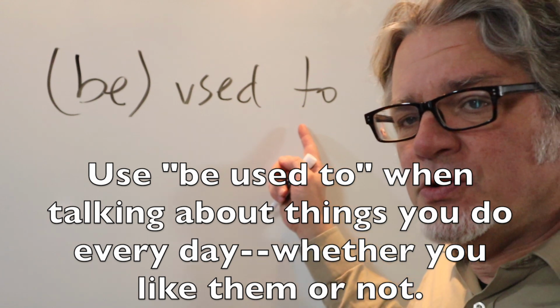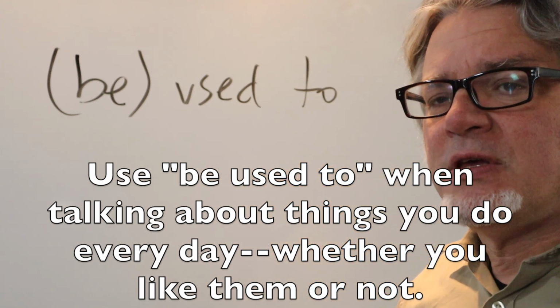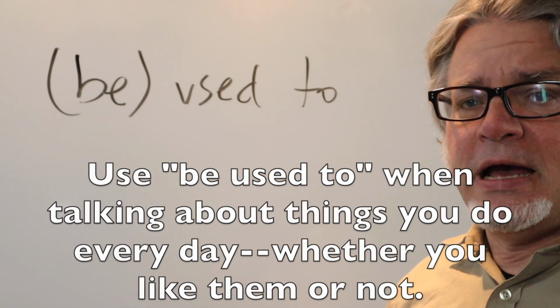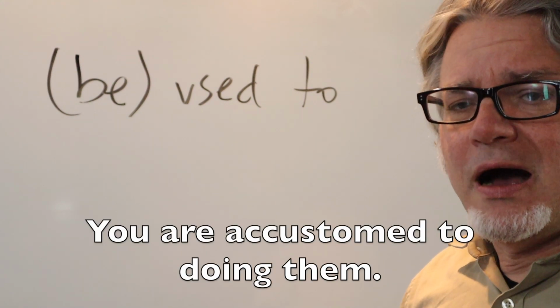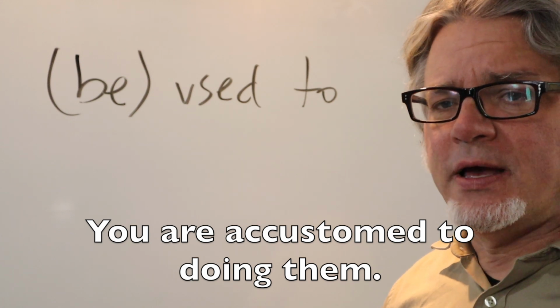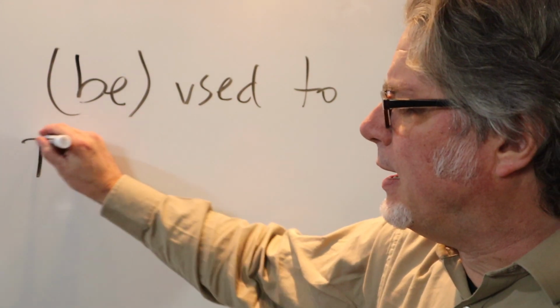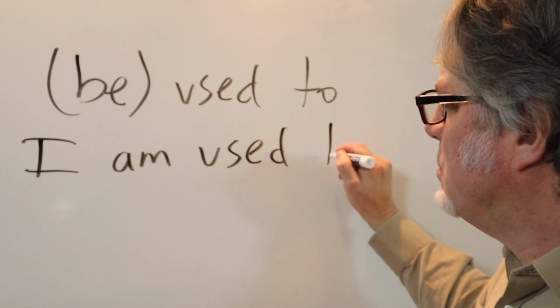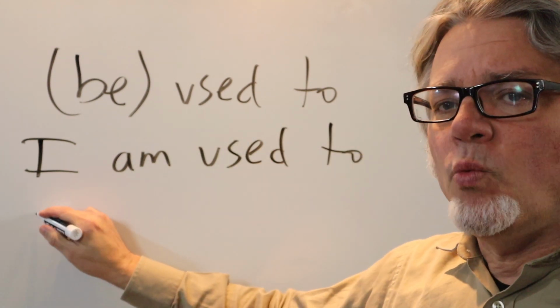Use be used to when talking about things that you do every day, whether you like them or not. You are accustomed to doing them. I am used to waking up early.